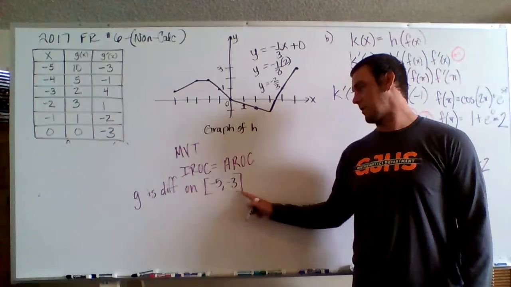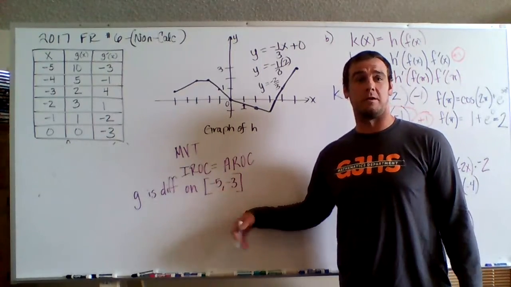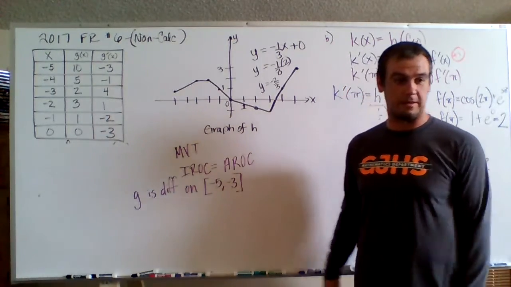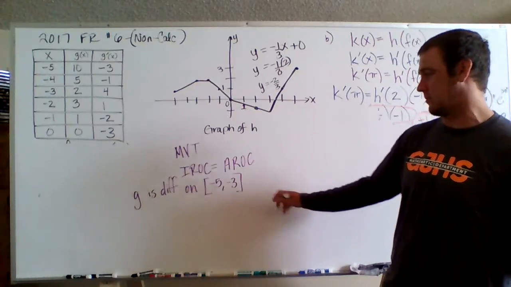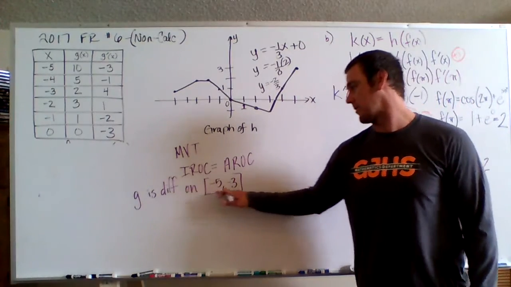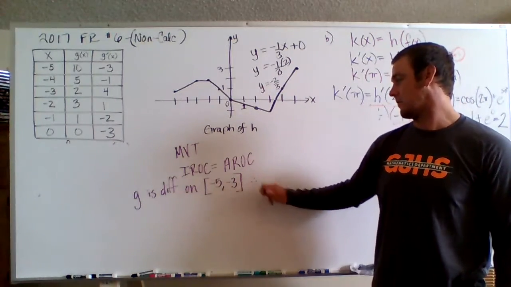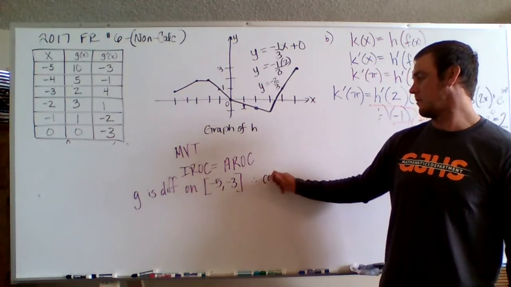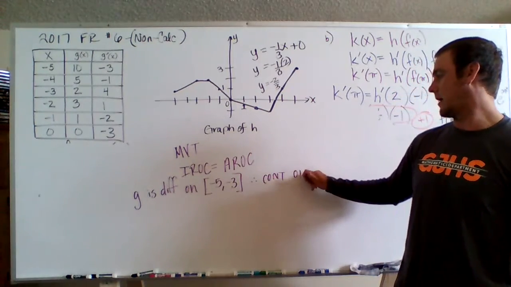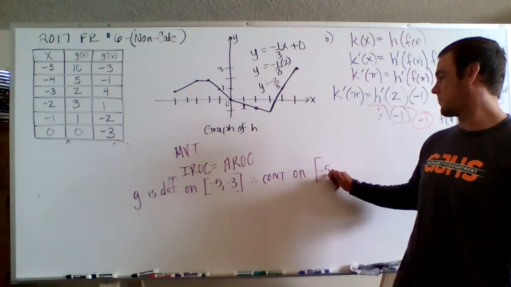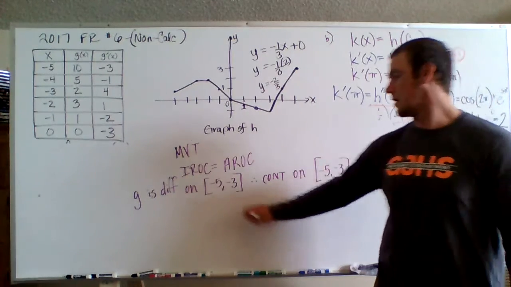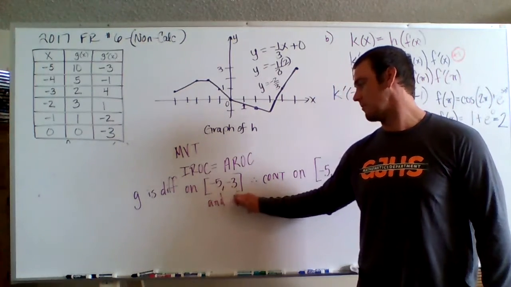Okay? Typically, you just need parentheses on these, but it did say G is differentiable and didn't specify for where, so it's really anywhere. So G is differentiable on that interval, therefore it's continuous on that same interval. And MVT holds true.